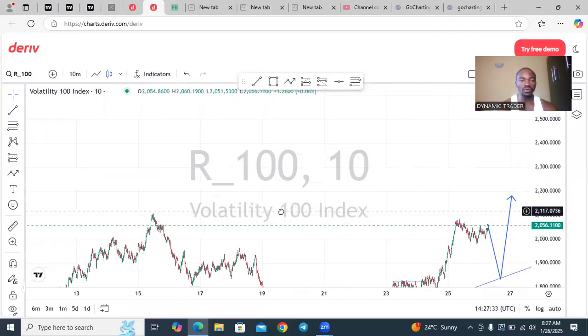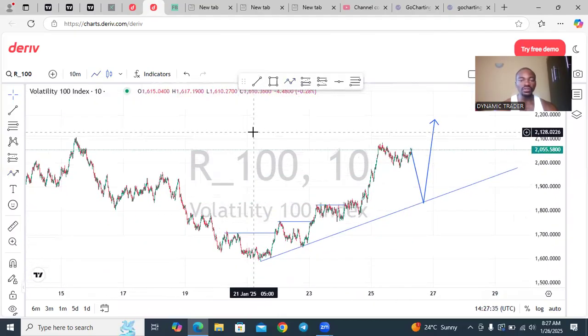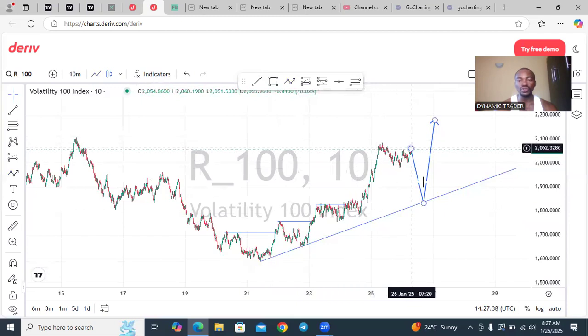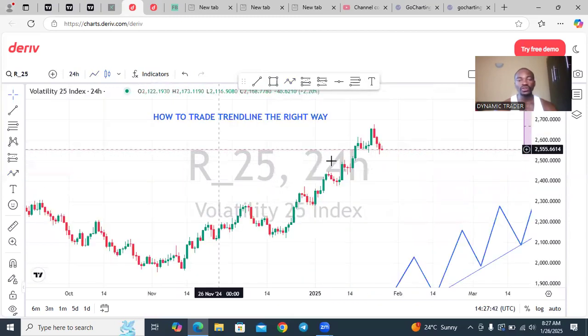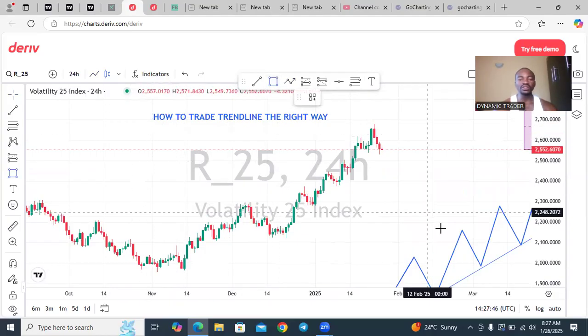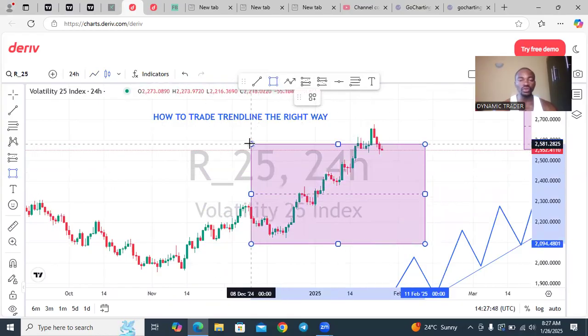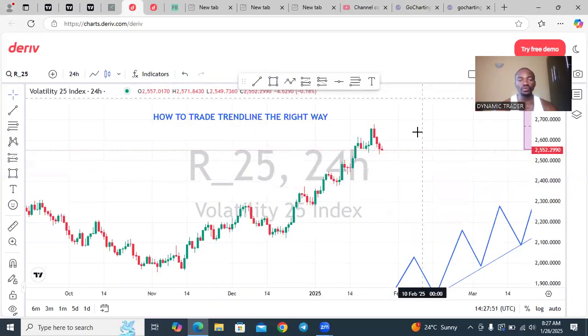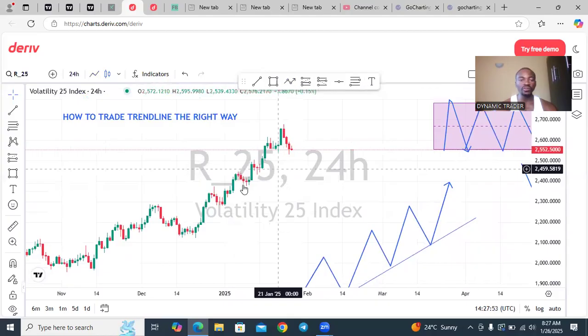It has to form this structure before you get involved in the trade. So trading trend line the right way, it has to break structure, then you get involved.